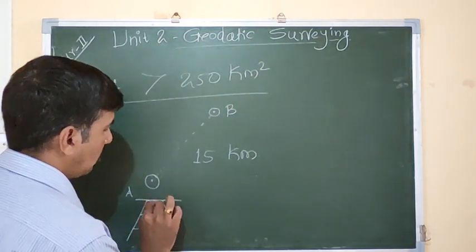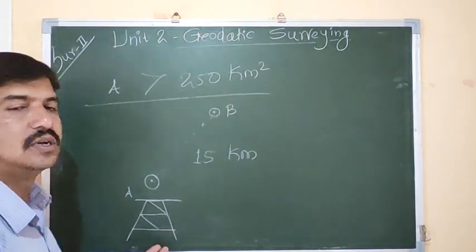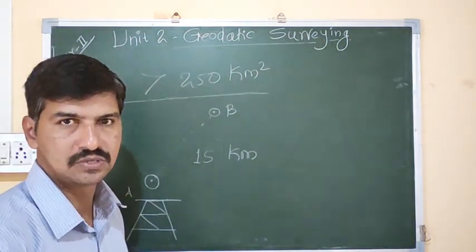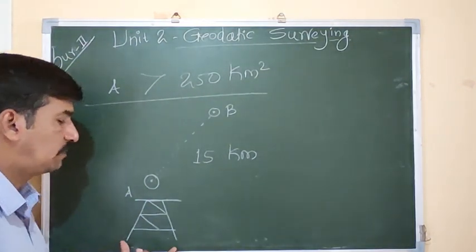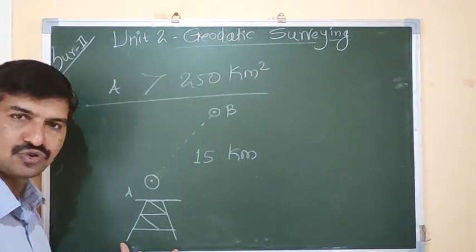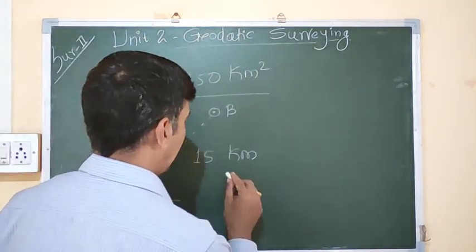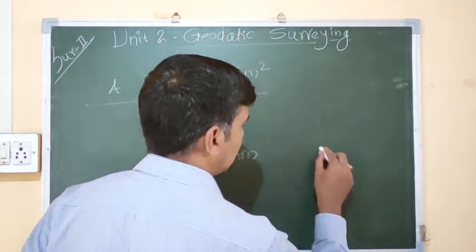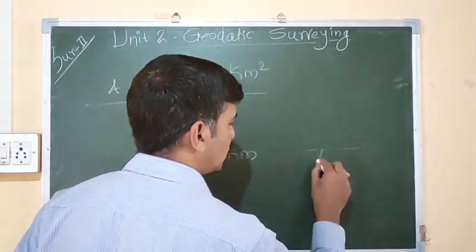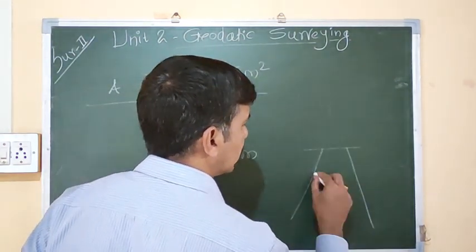I hope all of you have seen the mobile towers which are used for signaling, right? The same kind of platform I will be constructing at point A and at point B. Suppose here I will be considering the second tower.